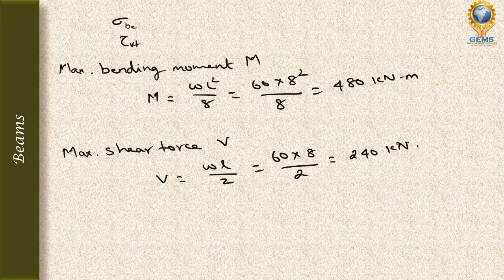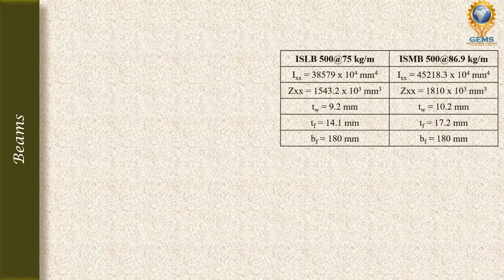Then we have to choose which section of the beam can be suitable to use in the design. How can we choose any one section from these two? For that we have to find the required section modulus ZR.